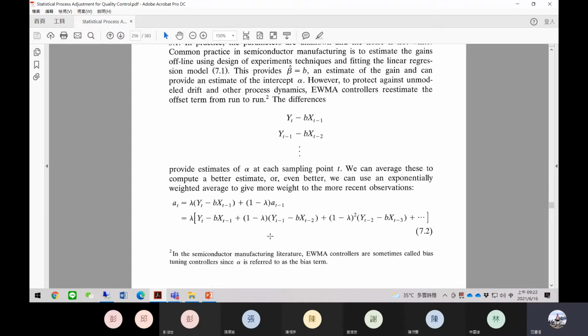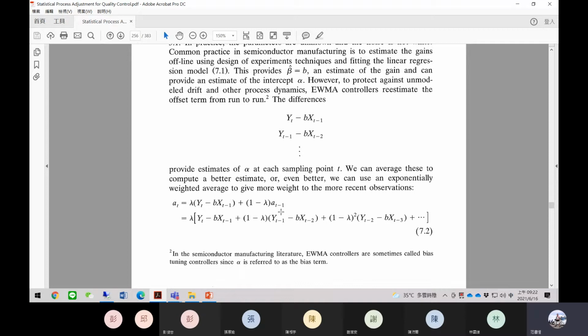Doing further, lambda YT minus BXT minus 1, then factoring out 1 minus lambda, YT minus 1 minus BXT minus 2, then 1 minus lambda squared, YT minus 2 minus BXT minus 3, and so on and so forth.